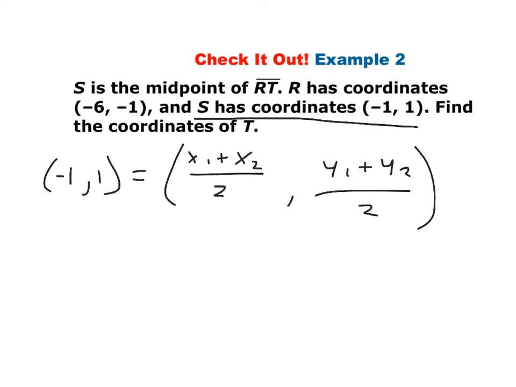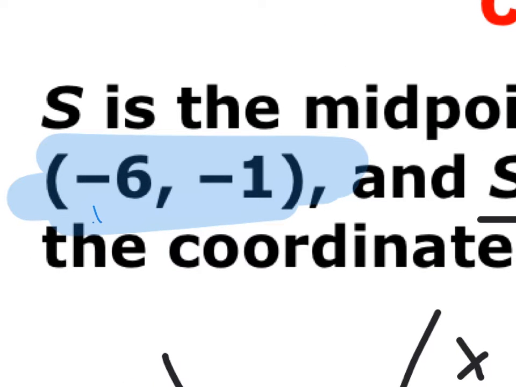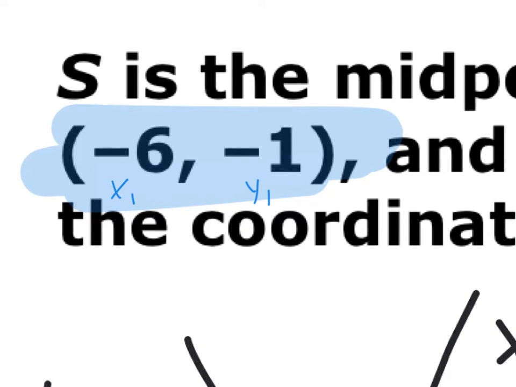And then R is the first point that was given, the first endpoint. So we could say that negative 6 is our x1, and negative 1 is our y1. This is the first point, so that's why these have the subscripts of 1. This is the first x, this is the first y, so this would be x1, this is y1.